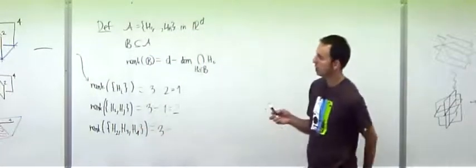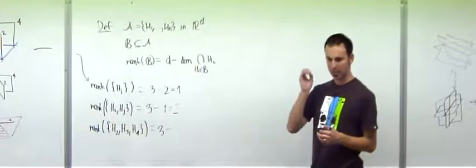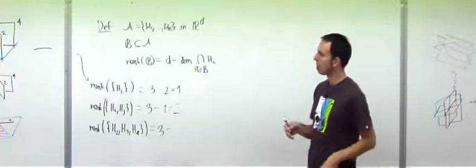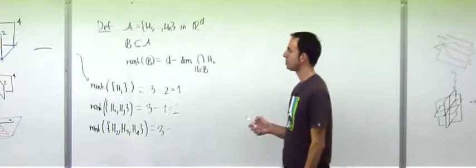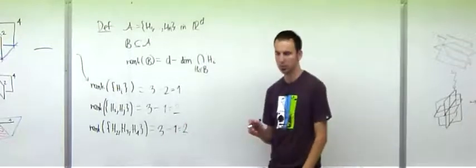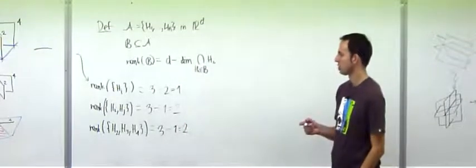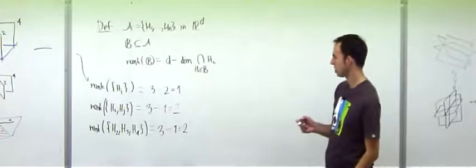For example, if we did it for 2, 3, and 4, then 2, 3, and 4 intersect in a line. So here I get 3 minus 1, which is equal to 2.